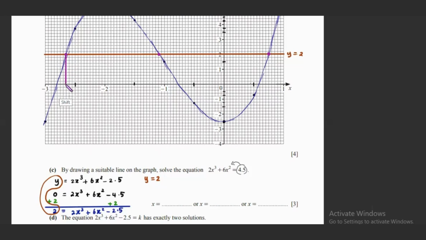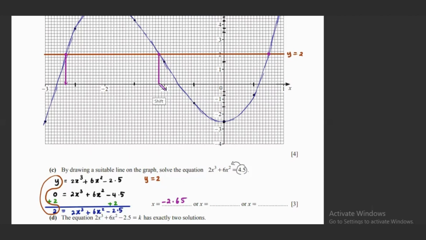Each box here represents 0.1, so every 2 boxes represent 0.1 units. So this is minus 2, this is minus 2.5, 2.6, and this is going to be 2.65. So that's going to be minus 2.65.